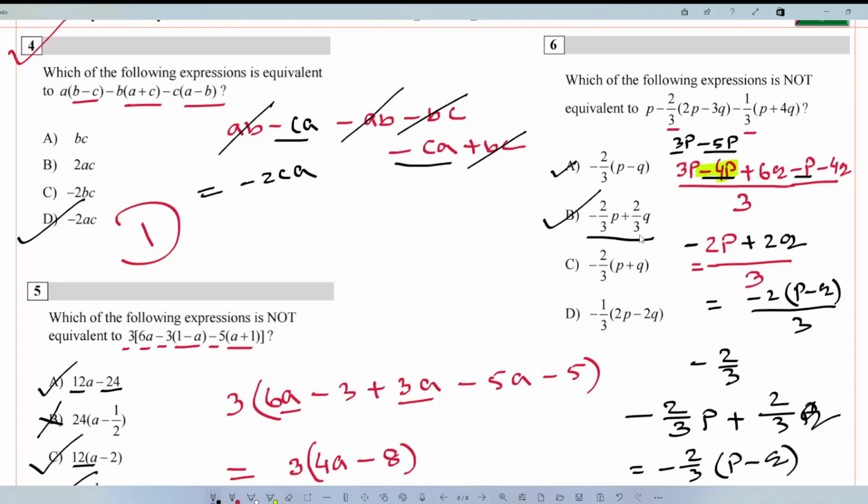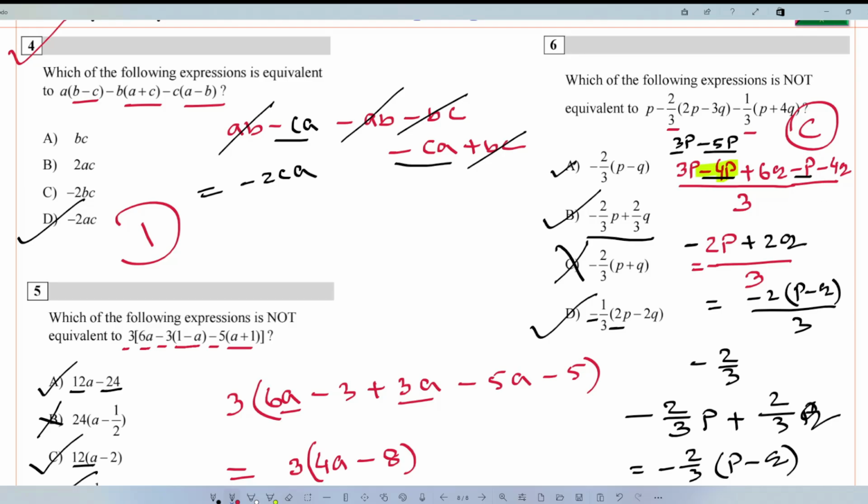So number b is okay. Number c is not okay, because here both are not minus, here is minus 2p and plus 2q, so c is not okay. Similarly, number d is okay. How? Here is minus 2 divided by 3p, and plus 2 divided by 3q. So here only c is not our right answer.